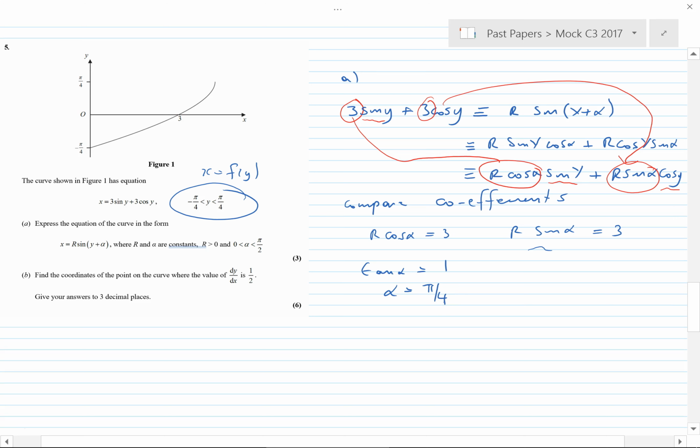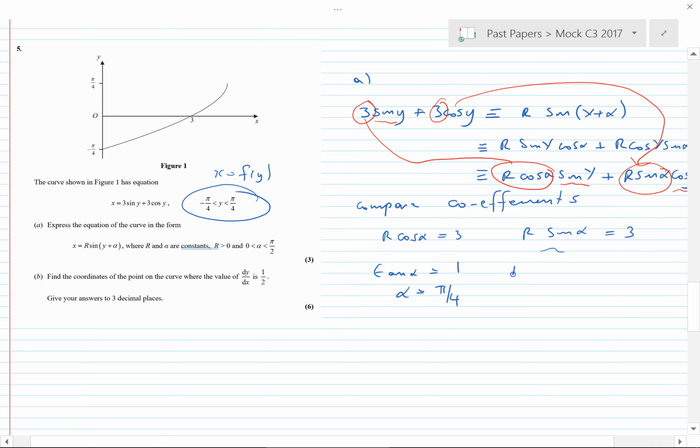And then I can square and add these. You end up with sine squared plus cos squared equals 1. But basically that gives us r squared is equal to 3 squared plus 3 squared. So that gives me r is equal to 3 the square root of 2, or the square root of 18. Okay, so that's the first bit. I probably ought to go back.